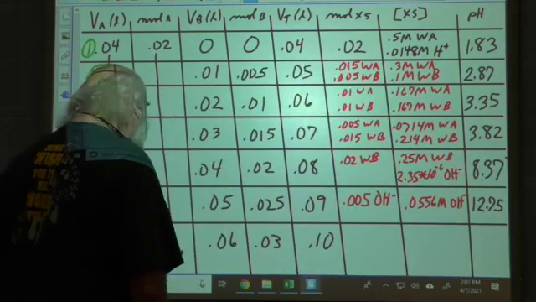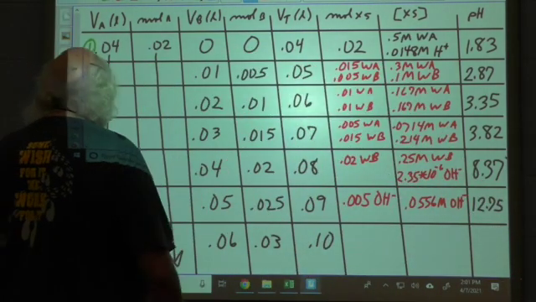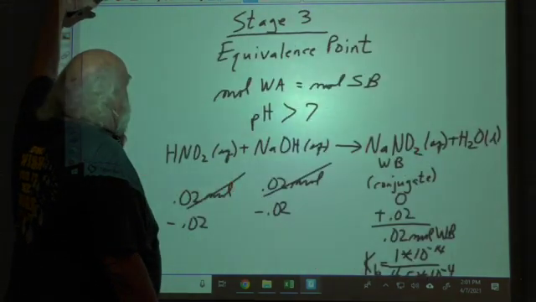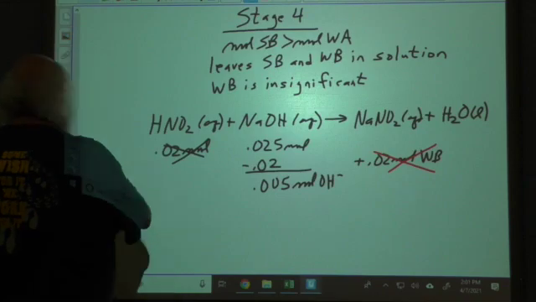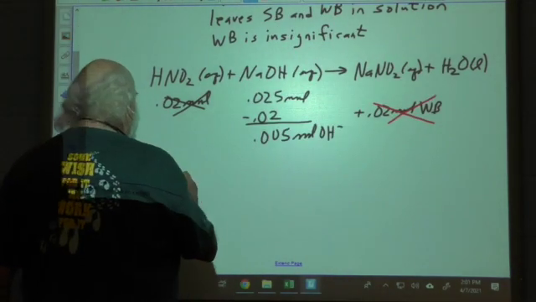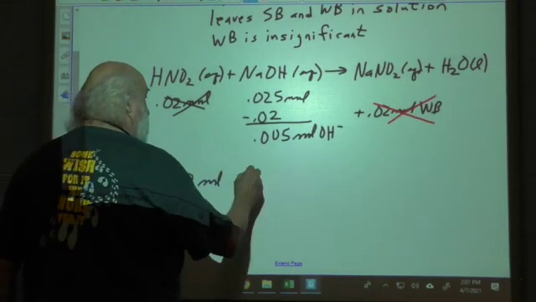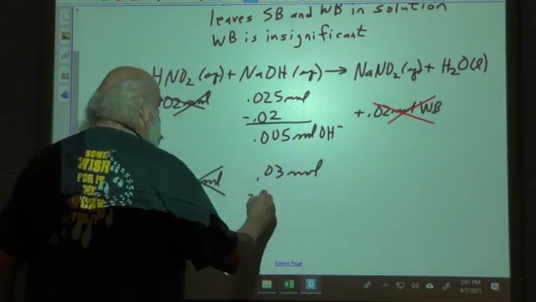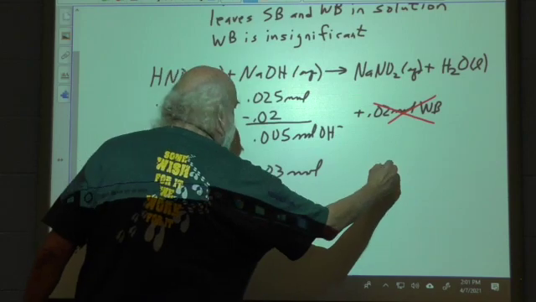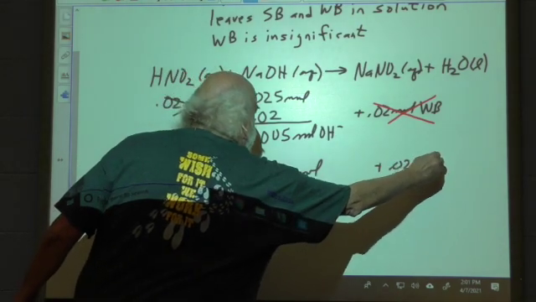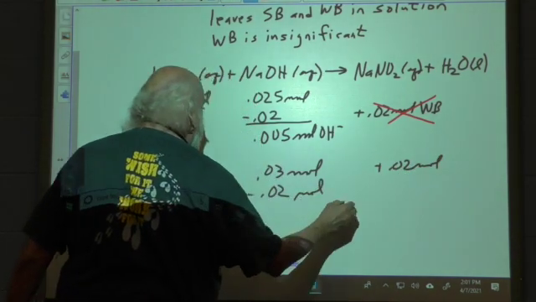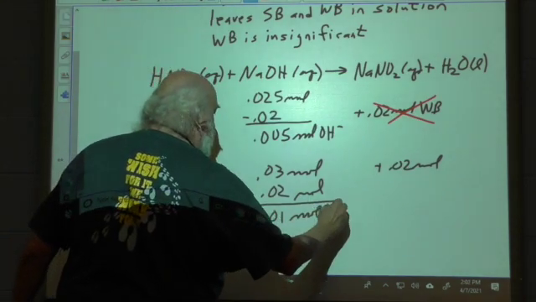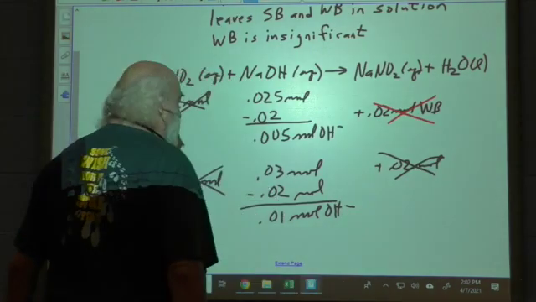12.75. Next one, we do one more, we got 0.02 and 0.03. This won't take very long to do. 0.02, 0.03. All of that is gone, subtract 0.02 here. I got 0.02 here. There's 0.01 moles of hydroxide. We really don't care about this right here.